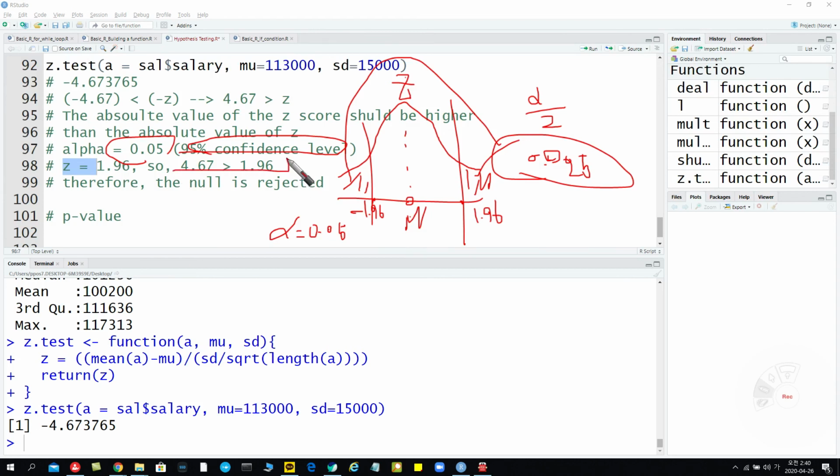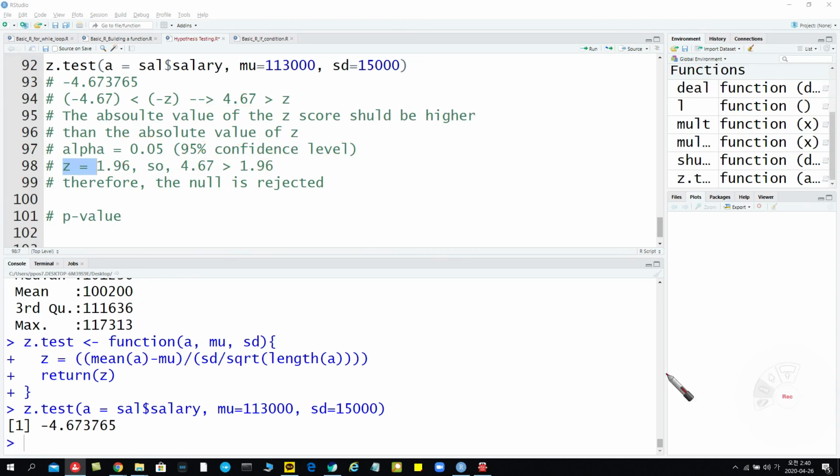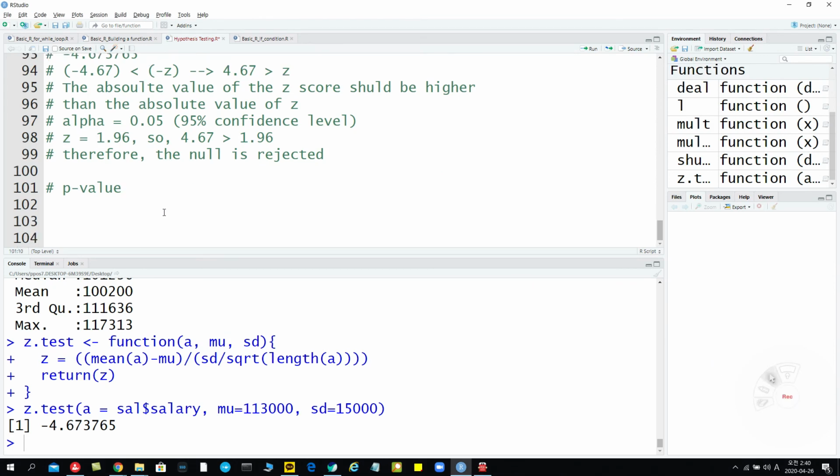Look at this: our result of 4.67 is larger than 1.96. Therefore, the null is rejected. I already explained this one. So hold on please. This is the end of the second class.